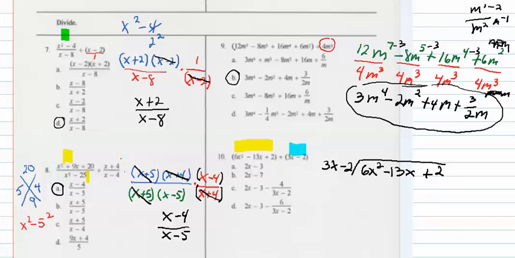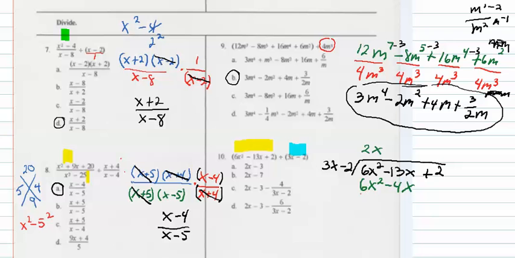2. Alright, so now we're going to go 3x times what is 6x squared, and we say 2x. 2 times 3 is 6, x times x, x squared. Then you're going to go 2 times negative 2 is negative 4, and we're going to keep the x, and we line that up under our x.